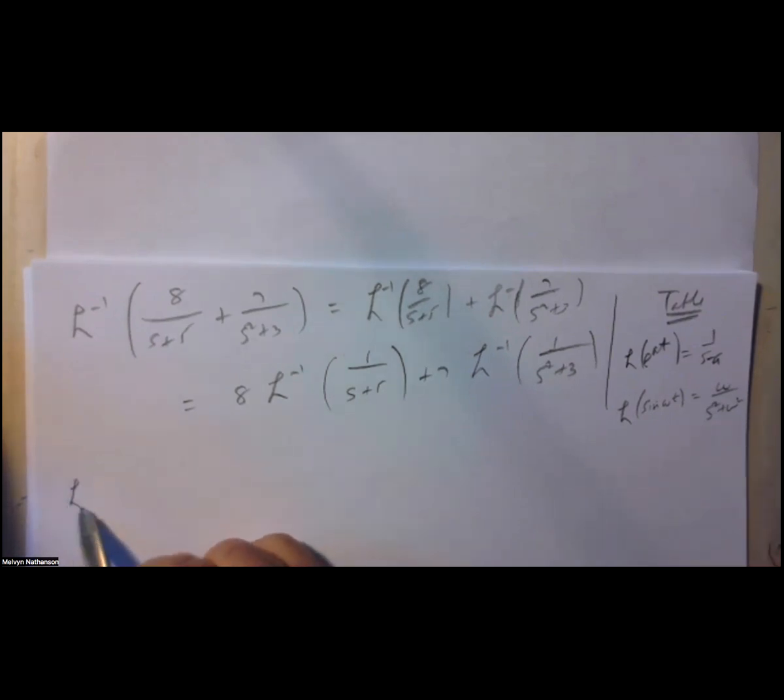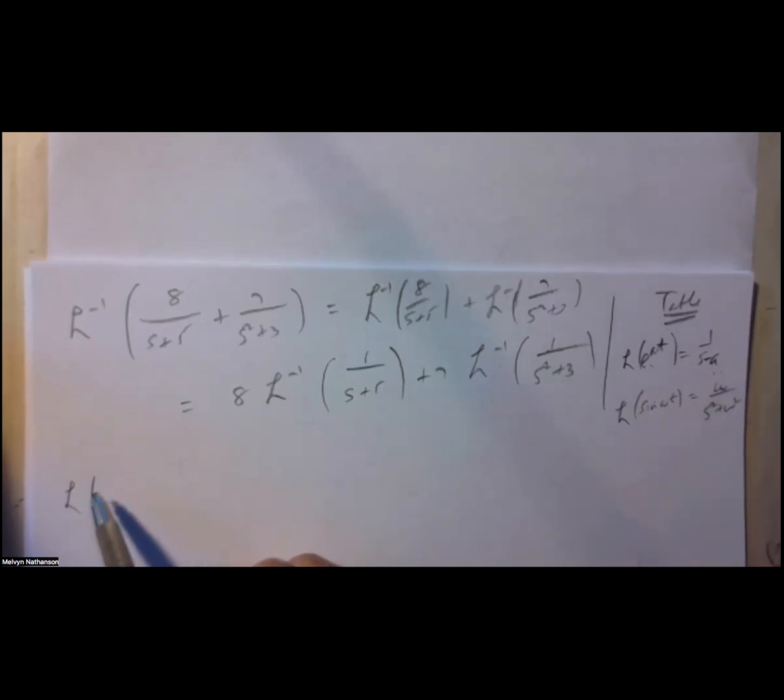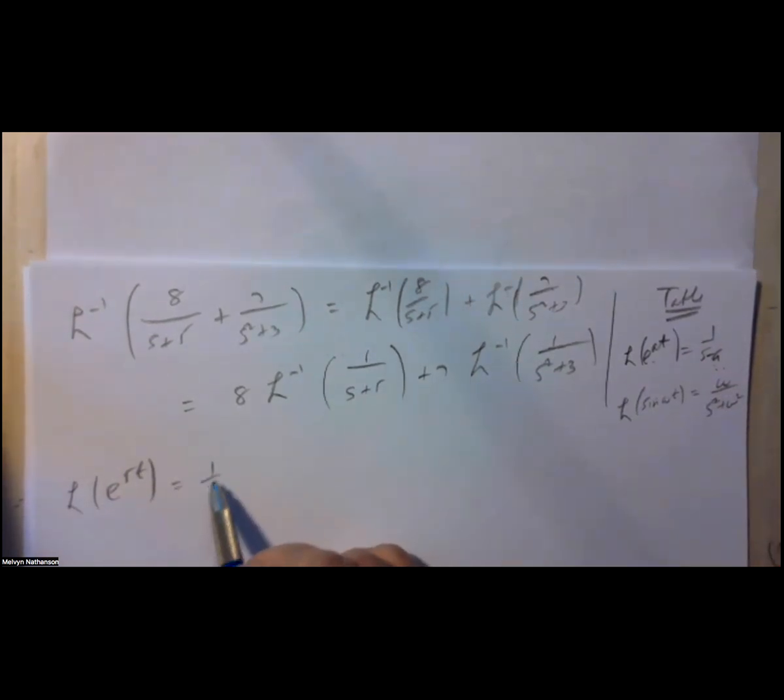So if the Laplace transform of e to the at is 1 over s minus a, if I let a equal to 5, e to the 5t is 1 over s minus 5.